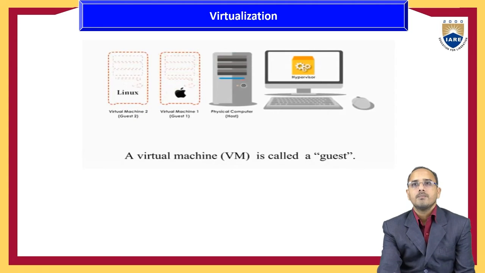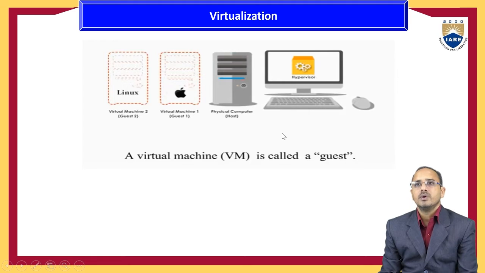Okay, and you see here, the physical machine is called the host computer. Earlier we saw that the Windows operating system is installed. When we create virtual machines, we can install any of the operating systems on them. In our example, with virtual machine one, the guest one, we have installed a software called Hypervisor, and on this virtual machine we have installed the iOS operating system.